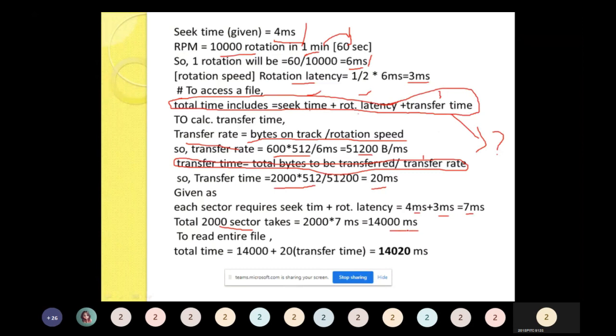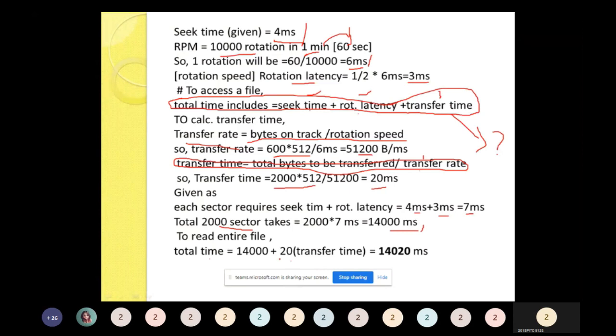But we are not finished, because everyone thought this is the final step; we have to convert it into the total time. Here we only calculated per sector, so we multiply it with the transfer time, which is 20.